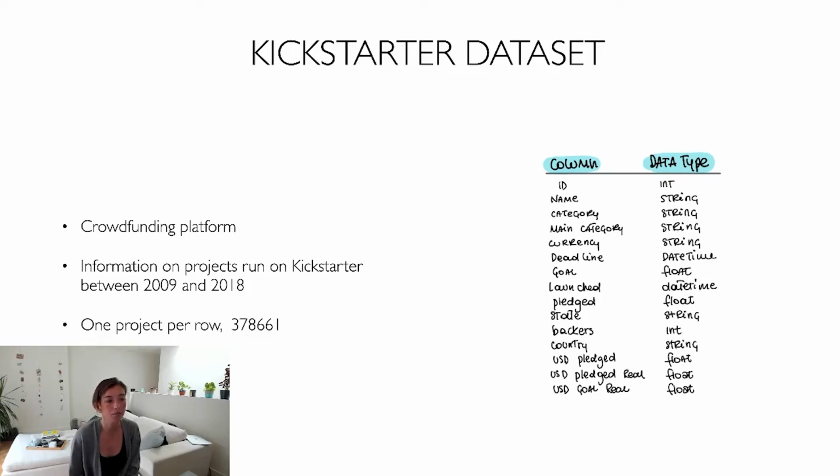Kickstarter is a crowdfunding platform, and this is a collection of a little over 300,000 projects that were set up on the website between 2009 and 2018. In this dataset, each row represents one of these projects. It contains information such as the name, when it was launched, what the monetary goal was, what the state of the project was at the time of the export, and so on. We have category and a few other things.